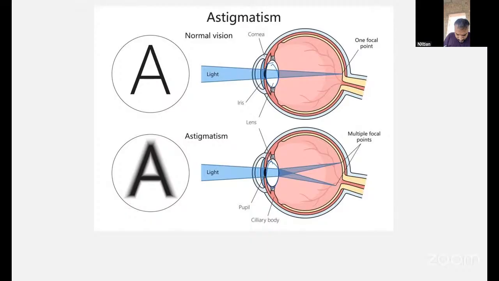So how will cylindrical lenses look? Let me check. It can be corrected by cylindrical lenses.